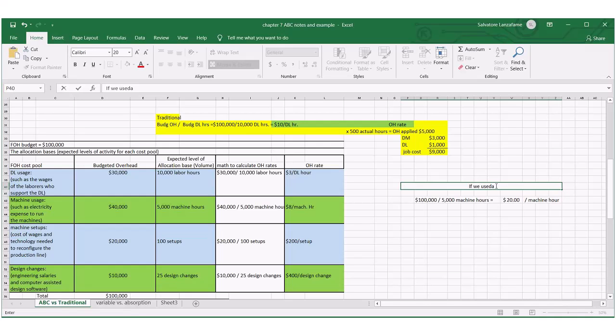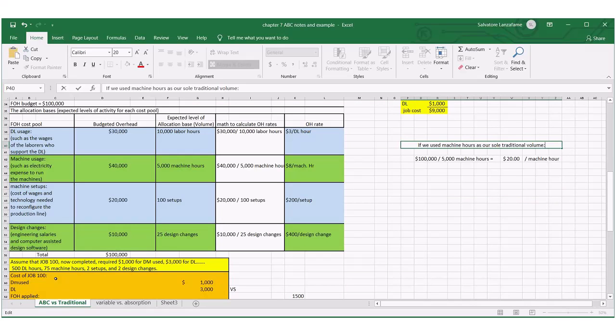Anyway, so if we used machine hours as our sole traditional volume, so $20 per machine hour, and what did we say was 75 machine hours in reality?